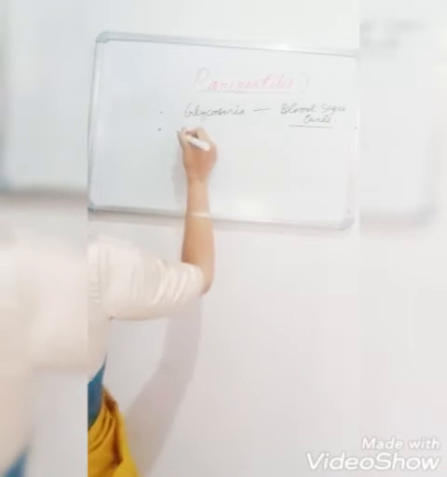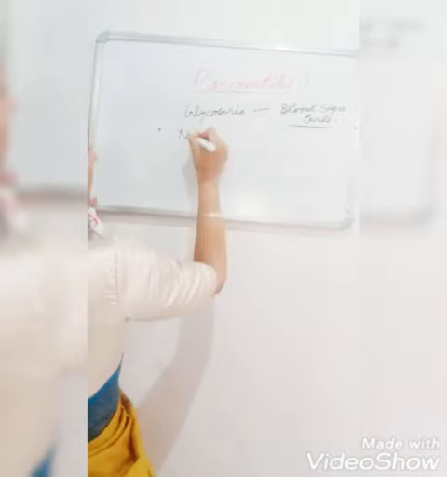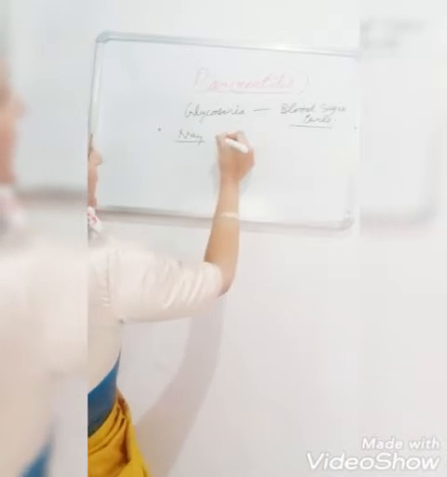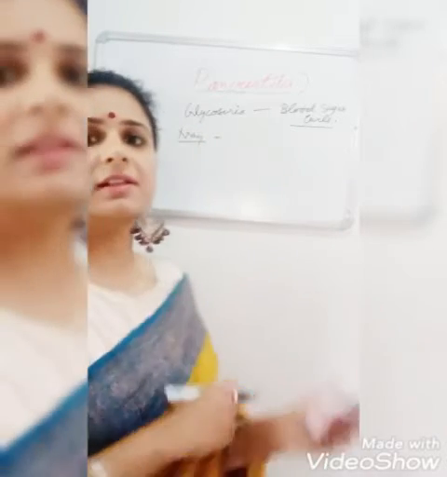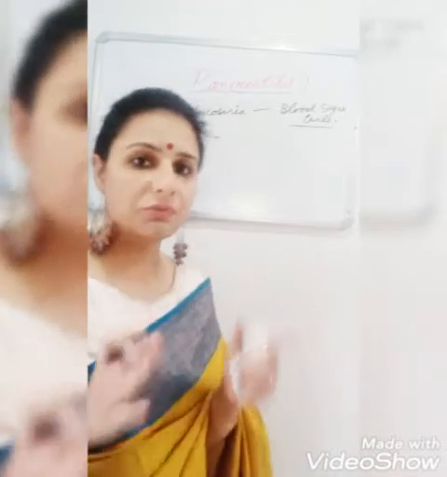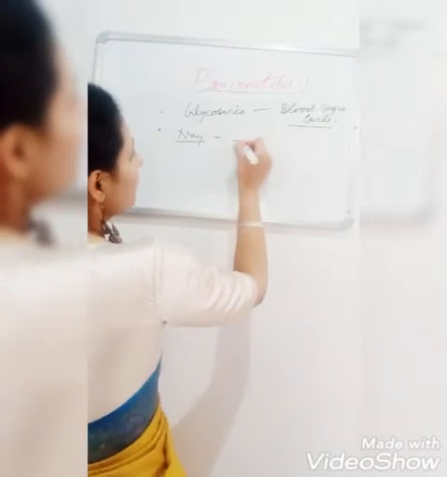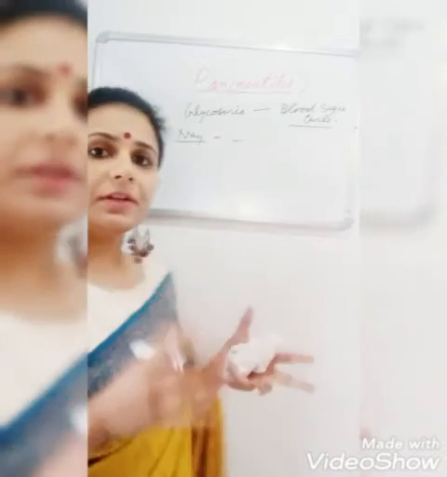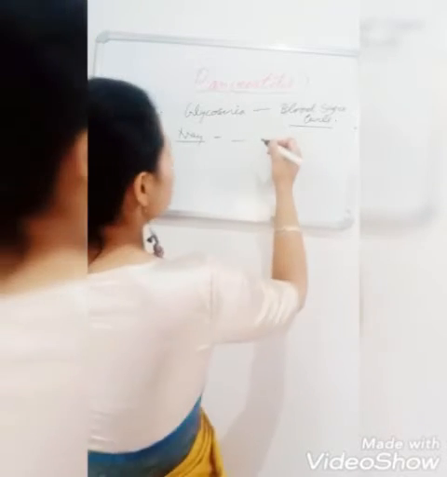Then plain X-ray is also done, where there is sentinel sign, sentinel loop sign is positive, then this is the confirmatory sign for pancreatitis. In sentinel loop sign, in X-ray there will be a dilated loop of jejunum.